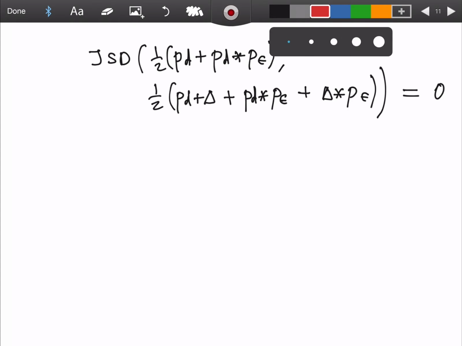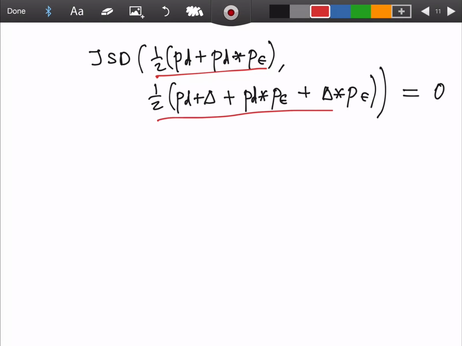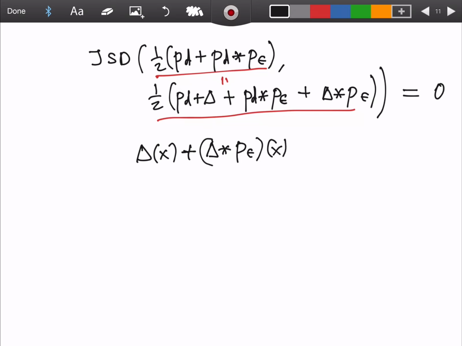Which means that these two arguments are equal, right? So of course, if they are equal, I can eliminate the same terms on both sides of the equality, and I get that delta, let me write it as a function of x, delta(x) plus delta convolved with P epsilon at point x equals 0, right?